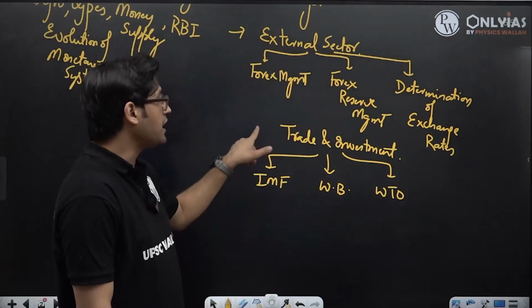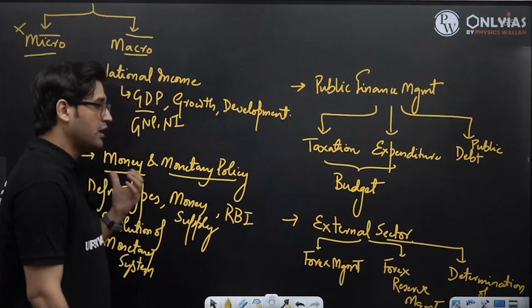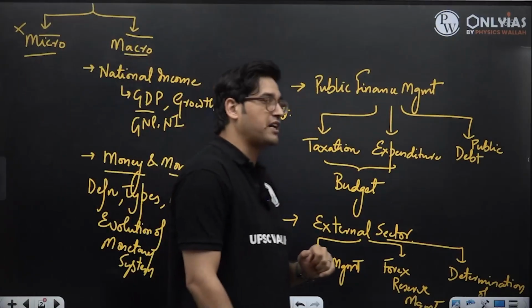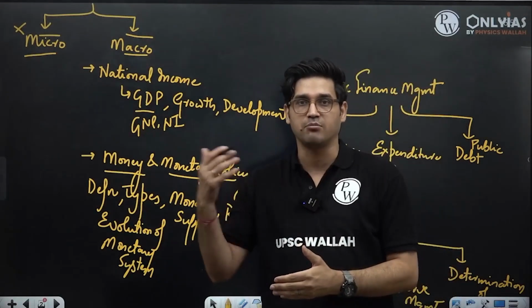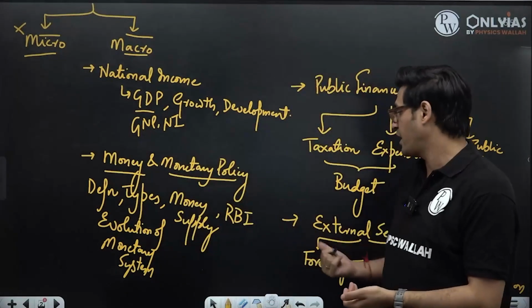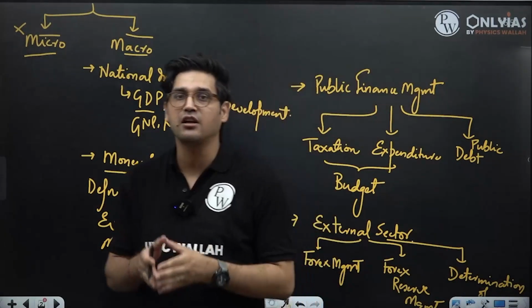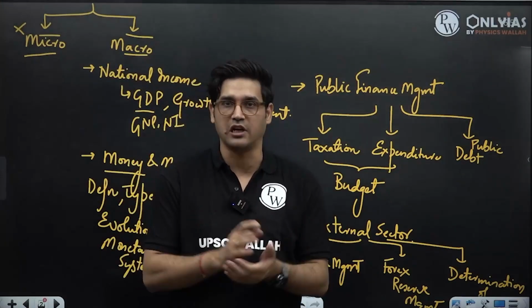Once we have covered each of these topics, which is national income, money and monetary policy, public finance management, which is basically about budgeting, taxation, expenditure, and public debt management, followed by the external sector, our basic fundamental concepts of economics or macroeconomics will be absolutely clear.